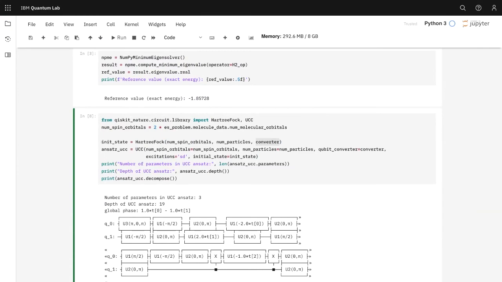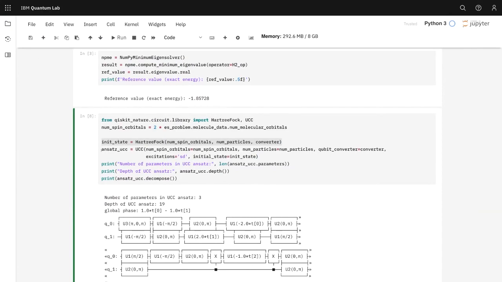So this initial state for any system with this number of spin orbitals and this number of particles using a certain mapping is going to be the same for every system. This only arranges electrons, basically, in doubly occupied orbitals.